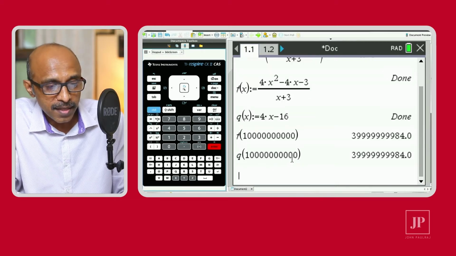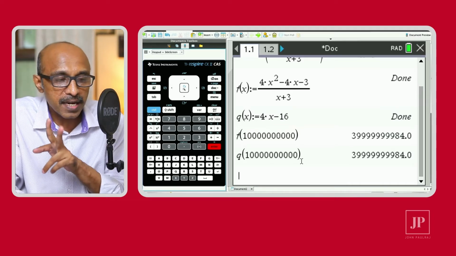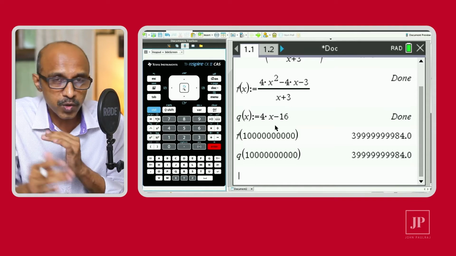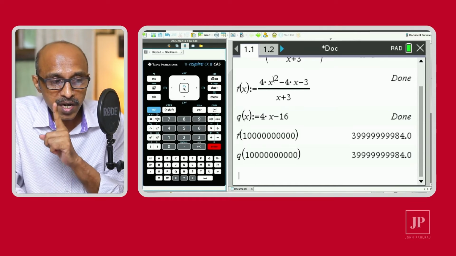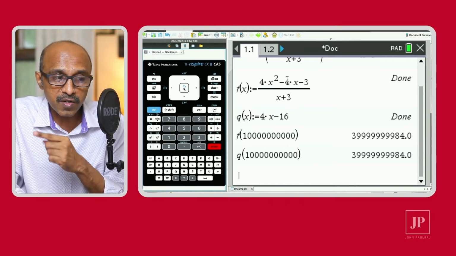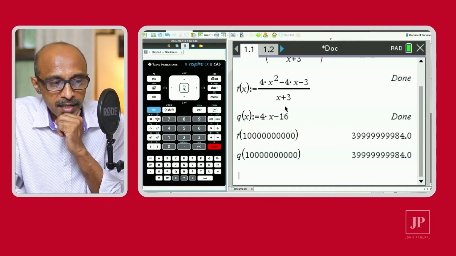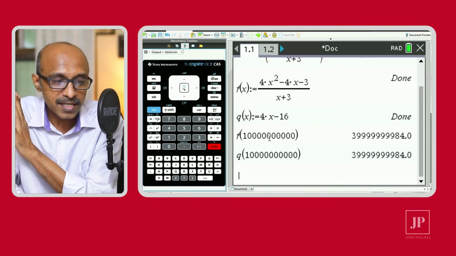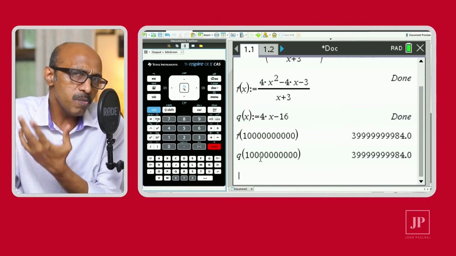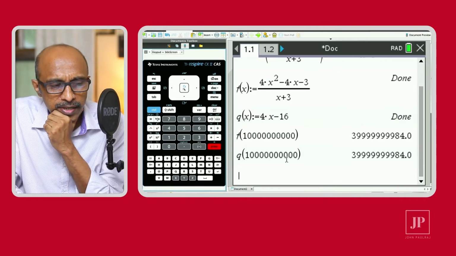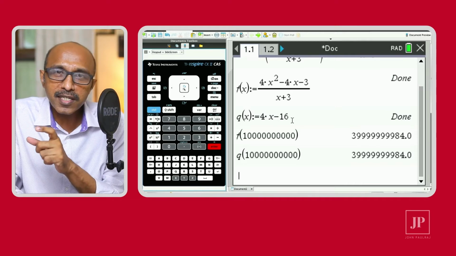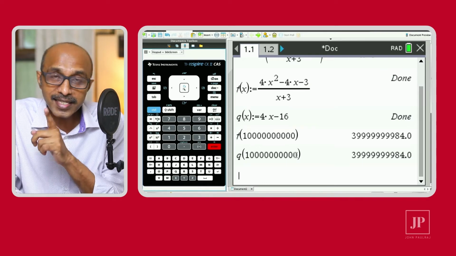This means that numerically, the value of f of x, a rational function with the degree of the numerator greater than the degree of the denominator, at a large value of x is equal or almost equal to the value of a linear function, 4x minus 16, at that same value of x.